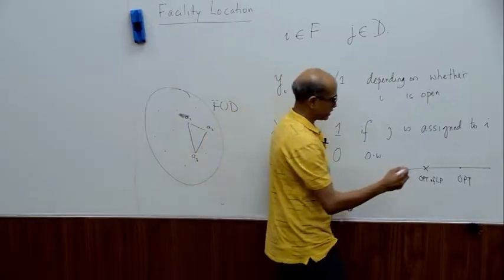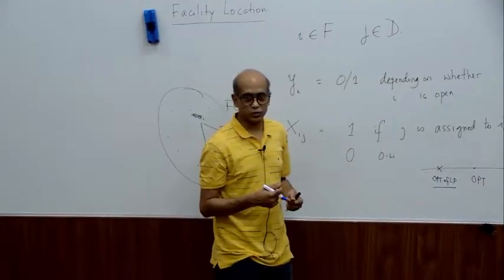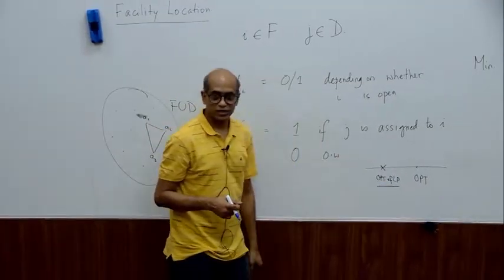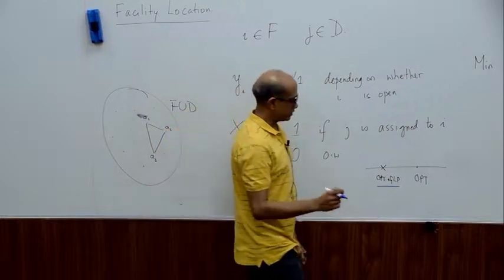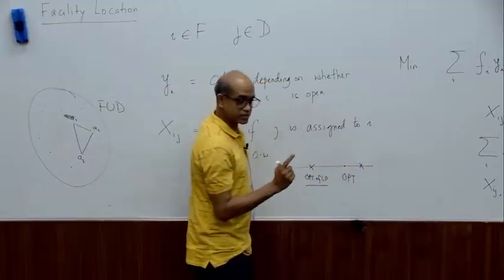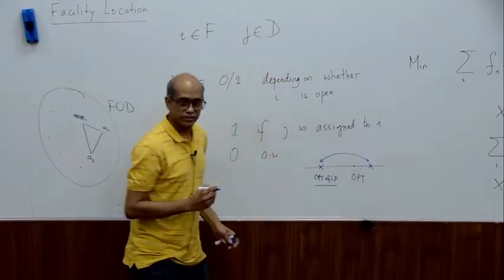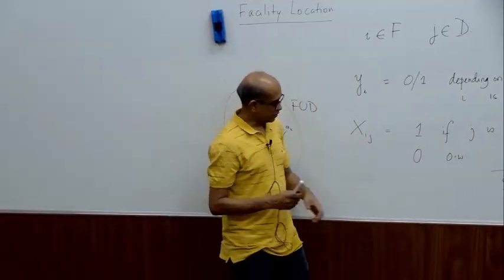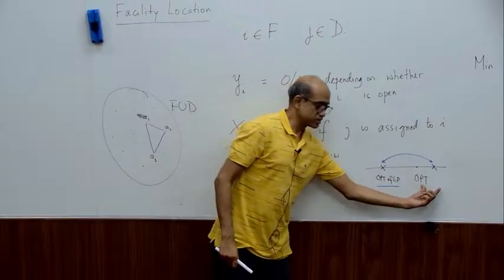This is something I can solve, this is something I could not solve. If you give me an optimal solution here, I will show you how I can get an integer solution such that these two are close. And because the actual optimum is sandwiched between the two, I know that even this distance is small.